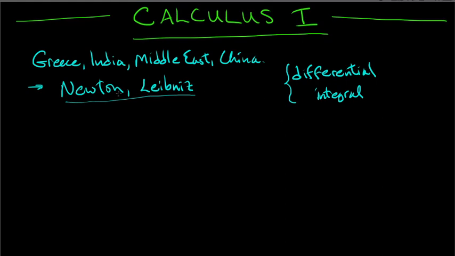Of course, the story didn't end with them, even though they established this powerful tool of calculus. Newton used it quite extensively to explain the orbits of the planets around the sun, for one thing, although the planet orbits were mathematically described by Johannes Kepler a little earlier than Newton.